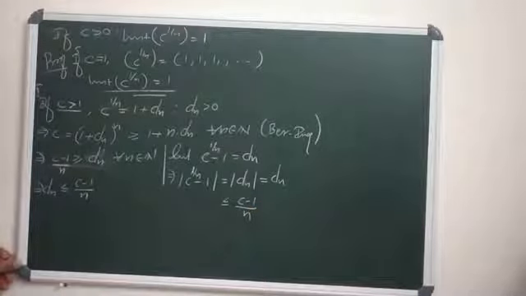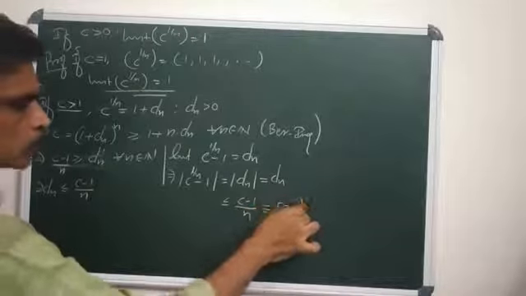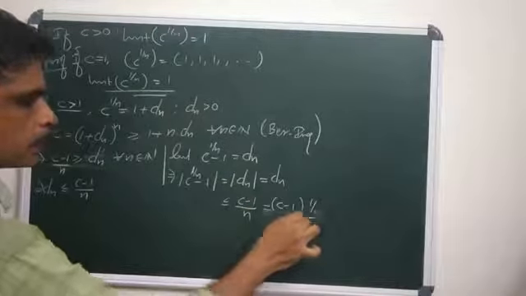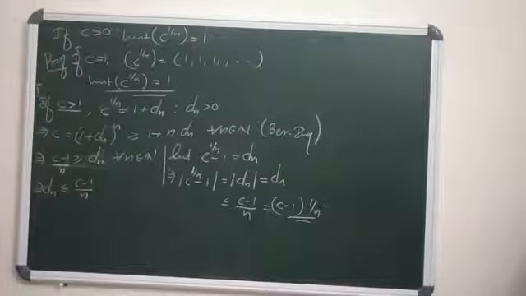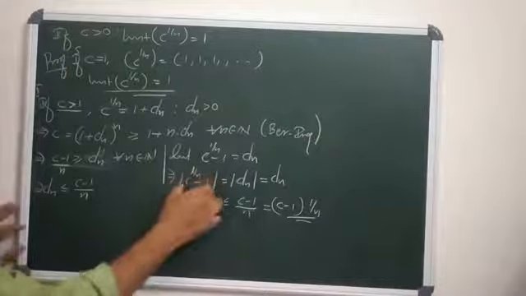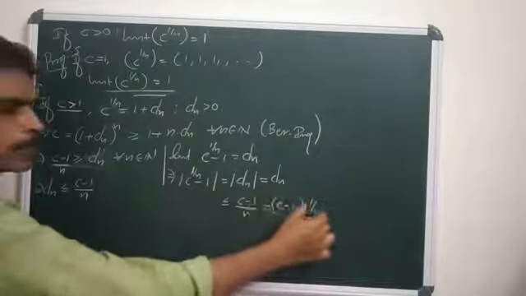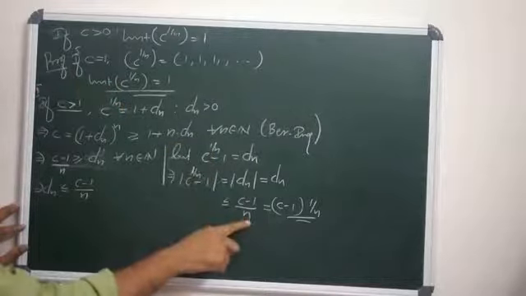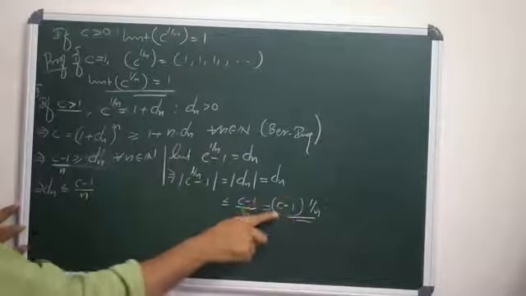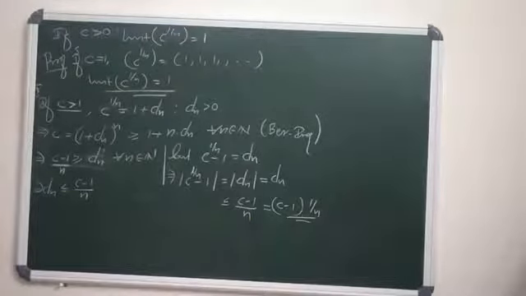Now, c minus 1 by n, that is c minus 1 into 1 by n. So listen, modulus of c power 1 by n minus 1 is less than or equal to c minus 1 into 1 by n. Here we know that c is positive, and 1 by n is a sequence of positive reals.